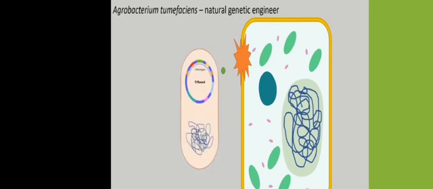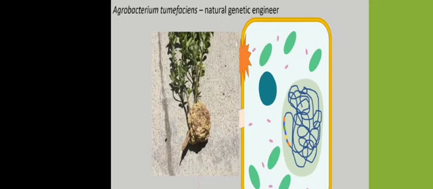Agrobacterium tumefaciens, as this is the natural genetic engineer, different molecules have to be released at the wound site so that it can attract the agrobacterium, and in this way the agrobacterium transfers its tDNA into the plant genome. So this is the natural genetic engineer why the crown gall disease happens.